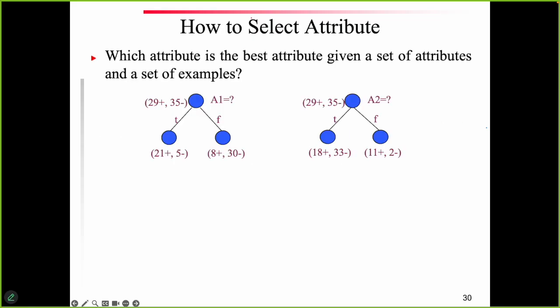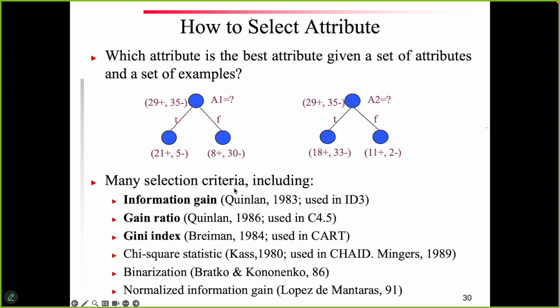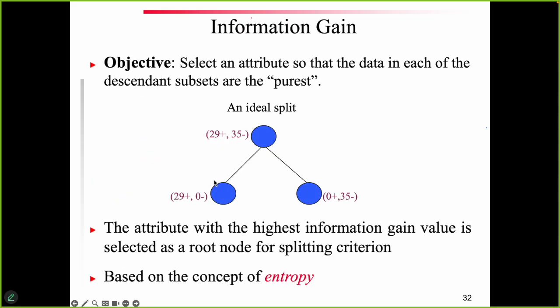To answer this, I have to explain some selection criteria. We are not going to cover everything in this course, but the most important ones are information gain, gain ratio, and Gini index. These are going to be covered in this class. So let's see what information gain is, the first measure for selecting the best attribute.